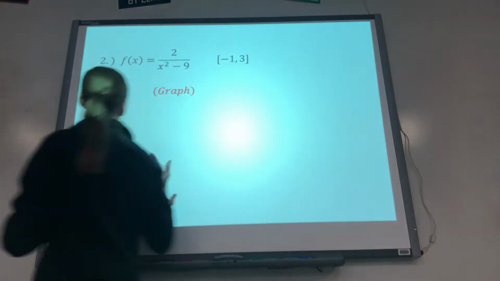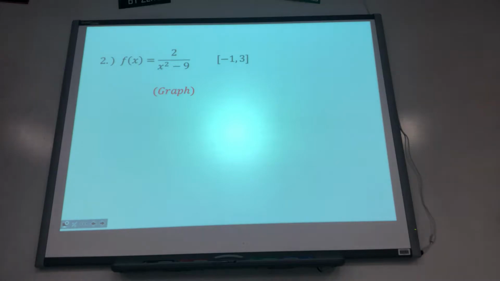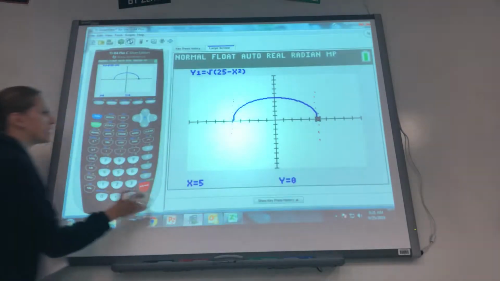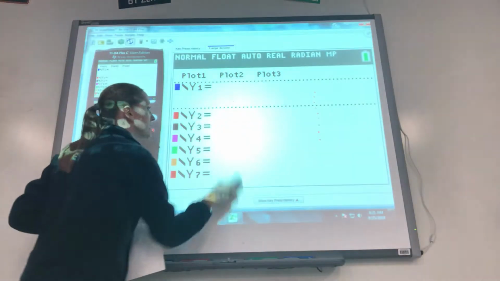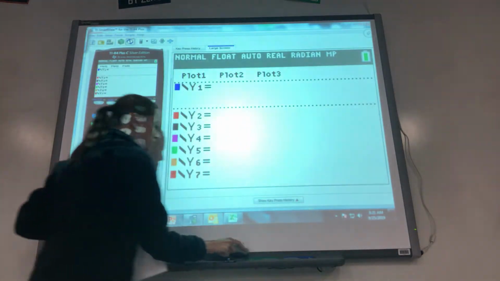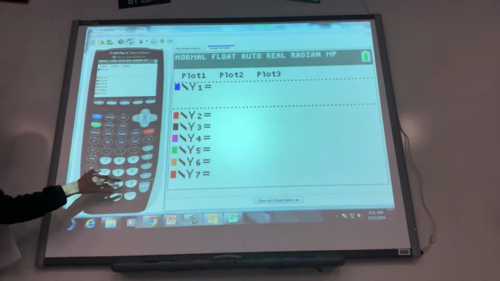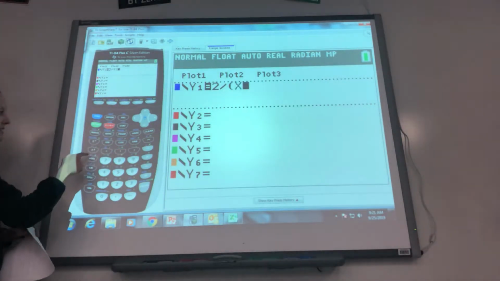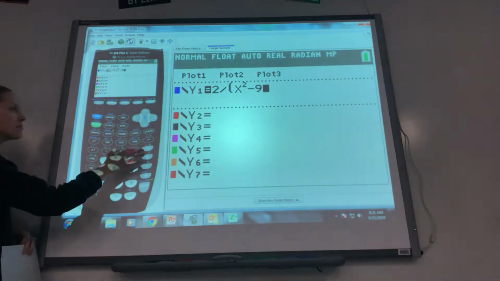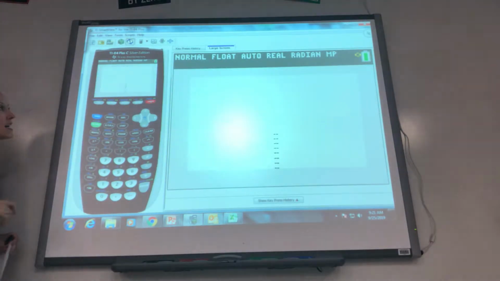So knowing that ahead of time, I know what to look for on my graph. I am most concerned about where x is 3. So let me go ahead and graph this first, and then we'll look at it. You do need to put the denominator in parentheses, x squared minus 9.